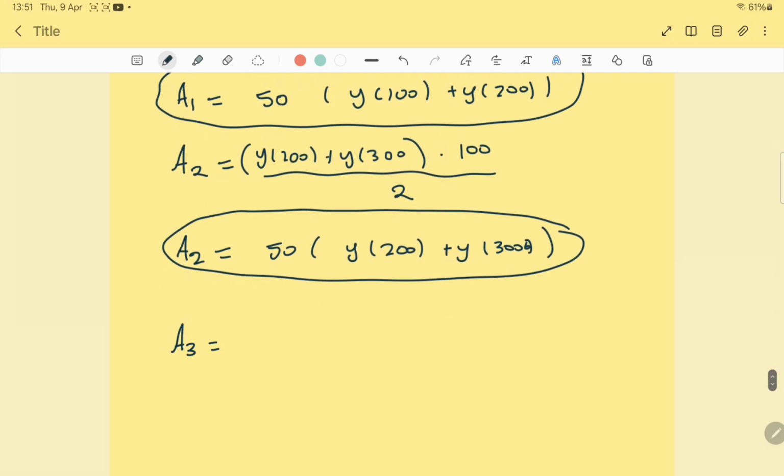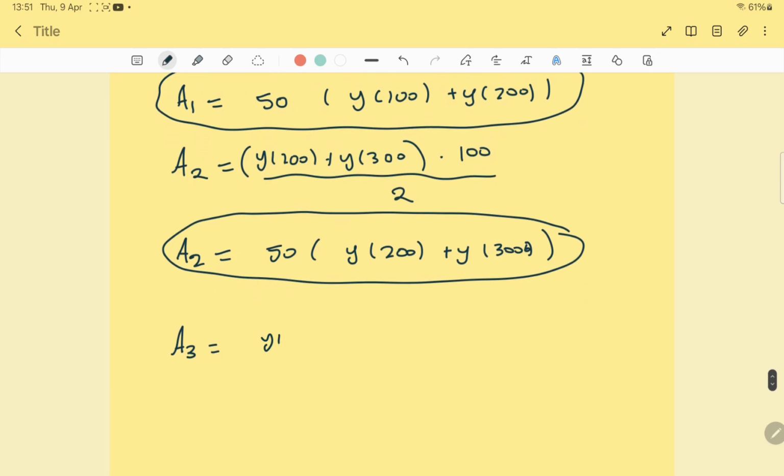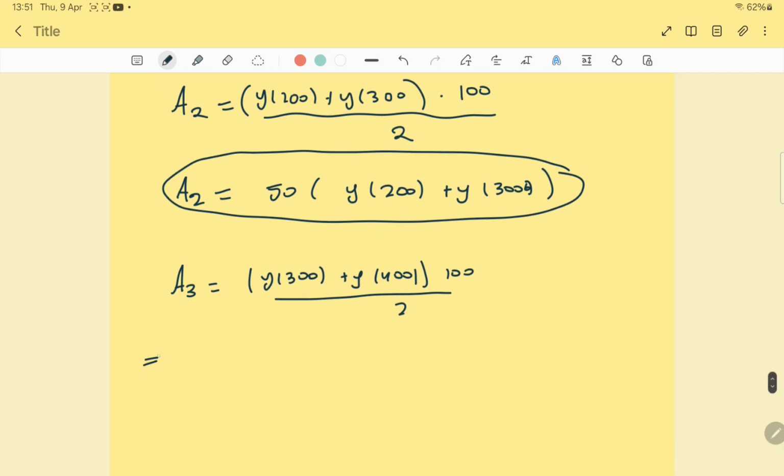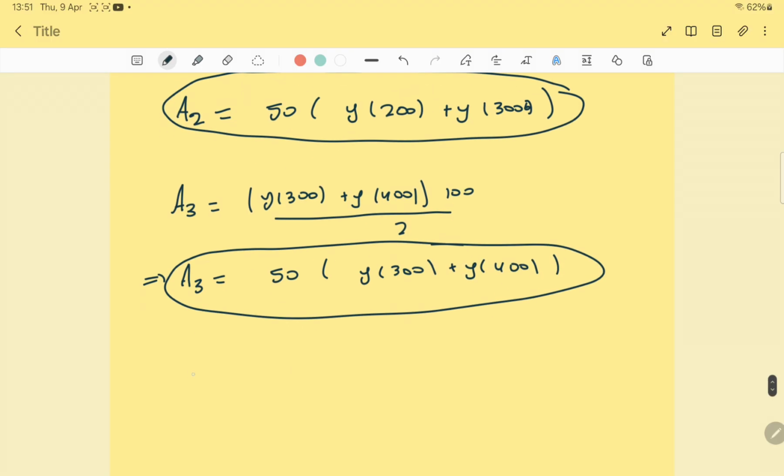A3 is going to be y 300 plus y 400 times the height, which is 100, divided by 2. So the formula for area A3 is going to be 50 times y 300 plus y 400, and A4 is going to be y 400 plus y 500 over 2 times the height, which is 100.